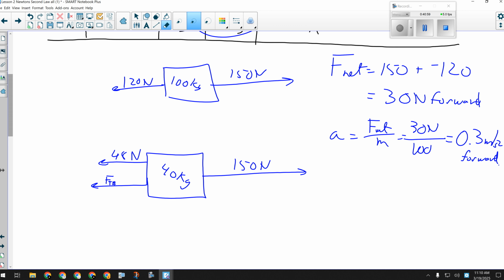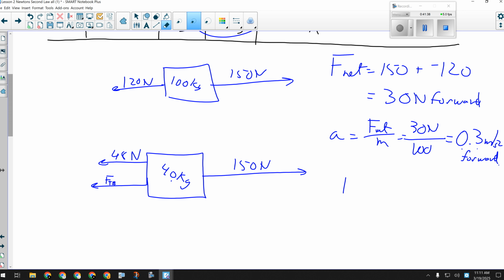So what else do I know about the 40 kilogram box? Maybe something I just calculated. Sophia, what else do I know about it? Right, I know the acceleration. I know the mass and the acceleration. What can I calculate about the 40 kilogram box? Ashley, what can I calculate?